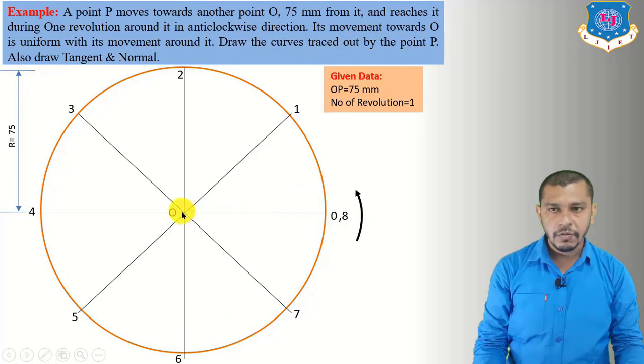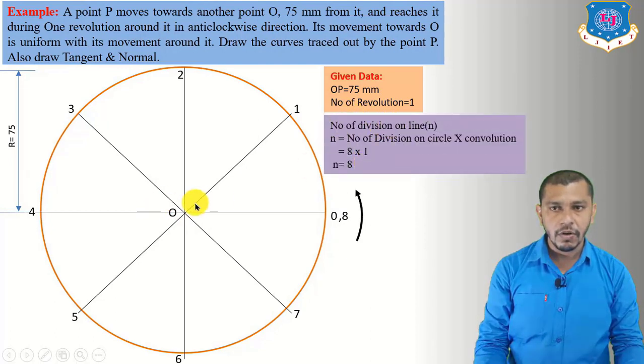Now we have to divide this distance from O to 8 or from O to 0 into equal number of divisions. But first of all we have to decide what will be the number of divisions on this line. So for that, here we have represented an equation. Number of divisions on this line is equal to the number of divisions on the circle into convolutions.